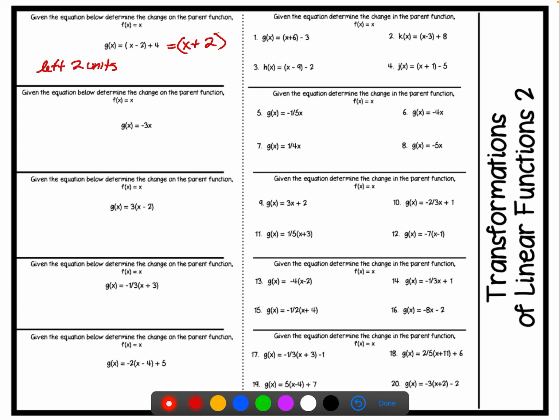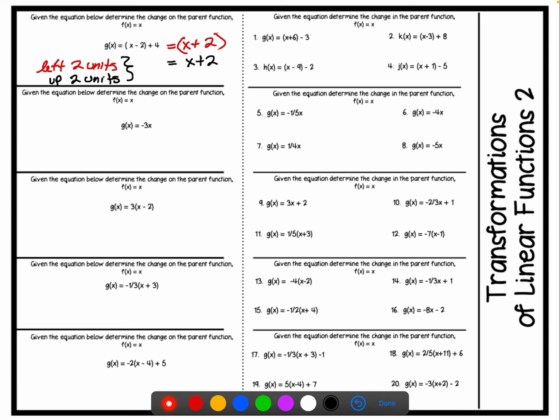But when the parentheses is not there, and all we have is just our x plus 2, it moves up 2 units. So, technically, these happen together. It goes left 2 units and up 2 units.